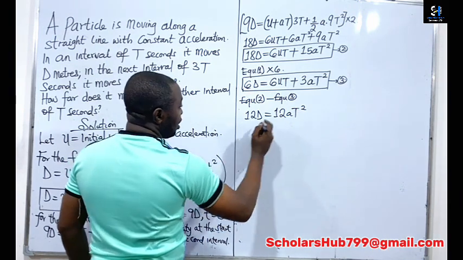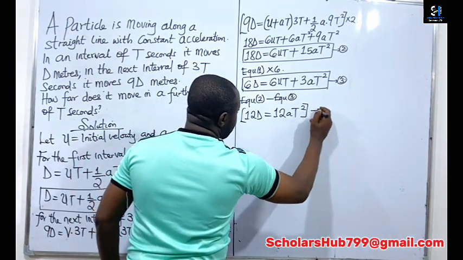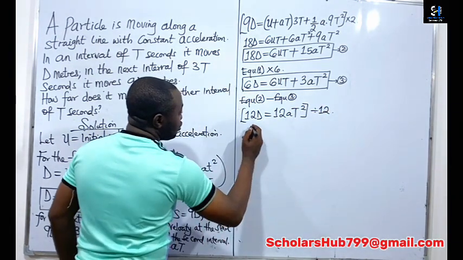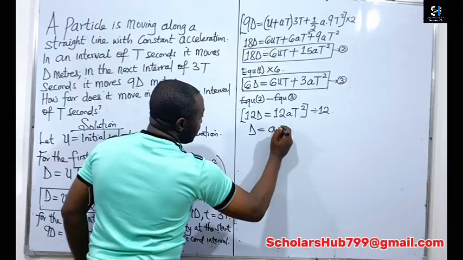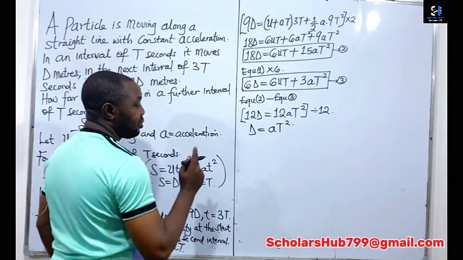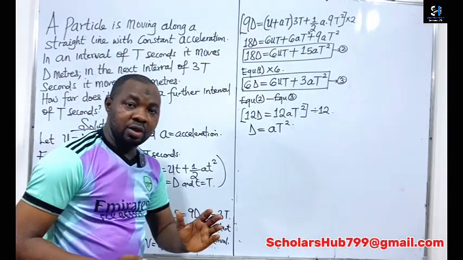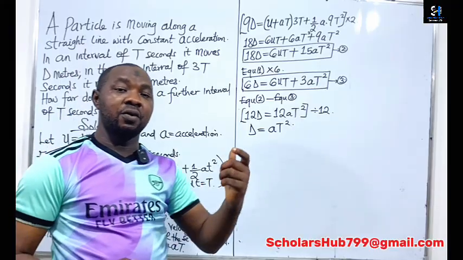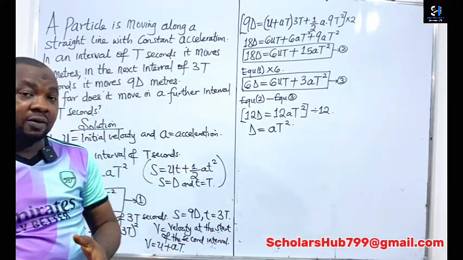So I'm going to divide this by 12, so that d equals at squared. Remember, the first thing we are looking for is the expression for acceleration and initial velocity.